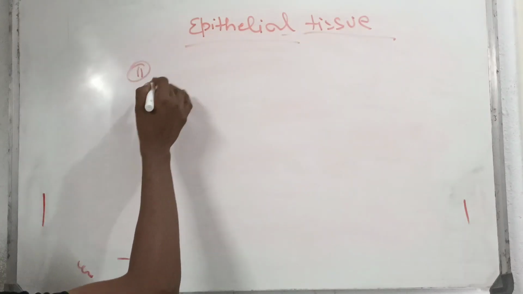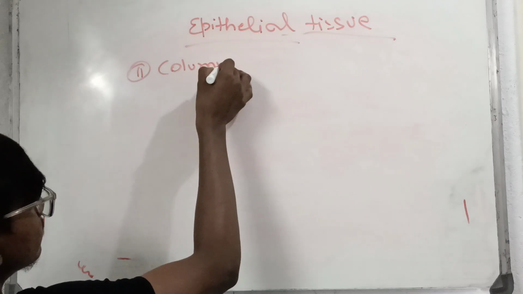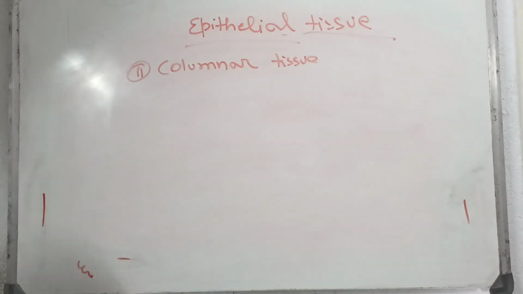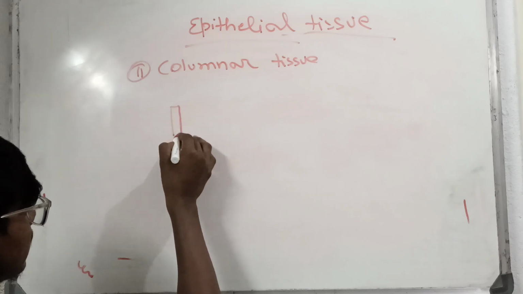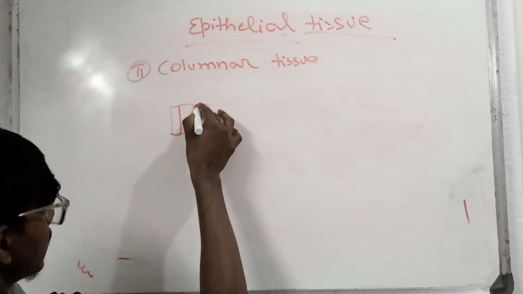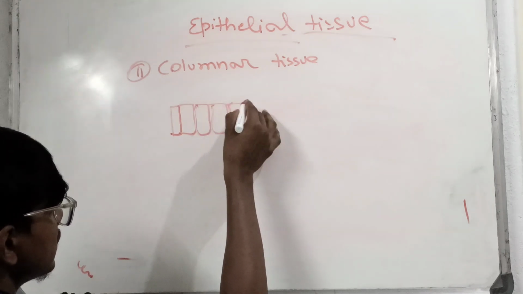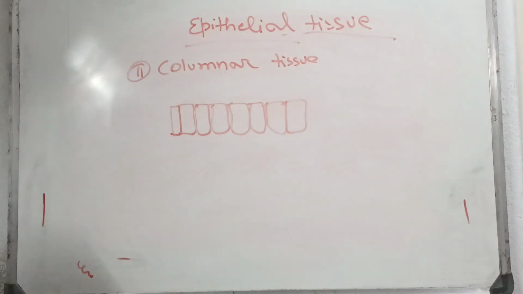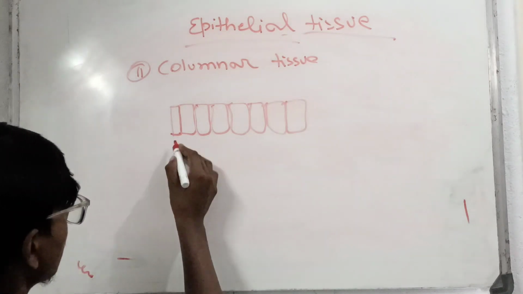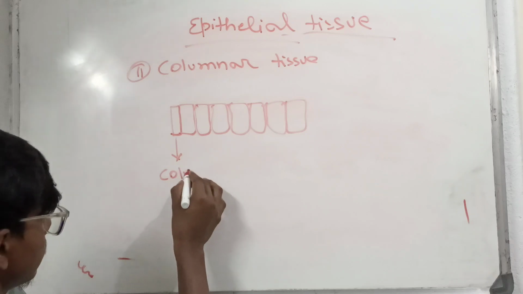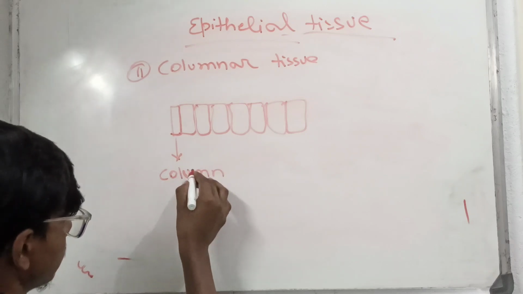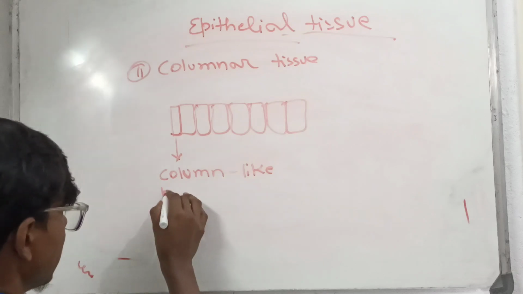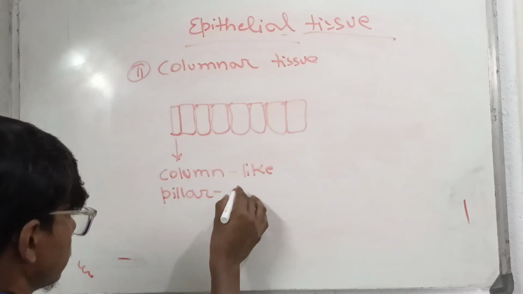Second type is the columnar. So columnar tissue cells will have a column-like structure. This is the structure you can see. Or pillar-like also you can say.